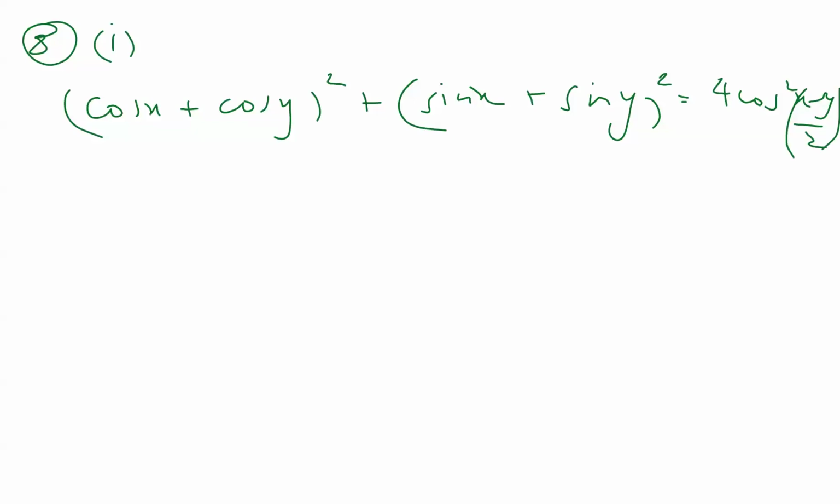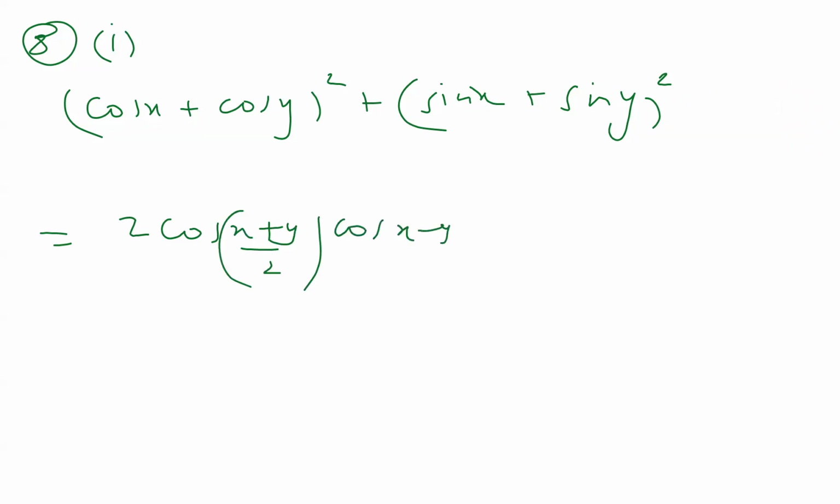That is what we need to prove basically. So within the brackets, we'll apply the defactorization formula. Cos plus cos, 2 cos x plus y by 2 cos x minus y by 2, the whole square.